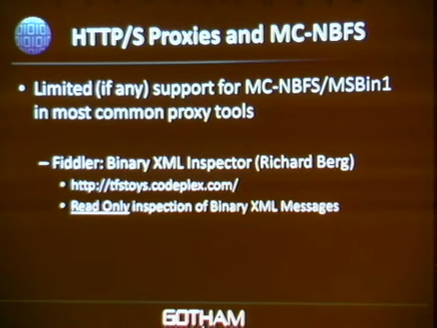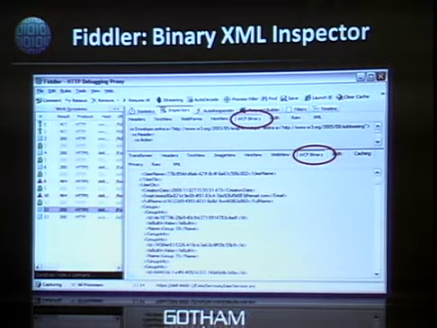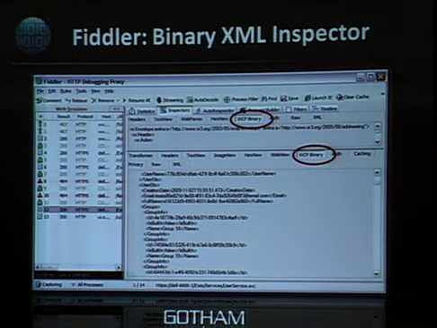So I looked at Fiddler, which is the one that had the closest thing to support, a local proxy tool that a lot of people are familiar with. A guy named Richard Berg actually wrote a binary XML inspector for Fiddler. This is what it looks like if you were to use it. I'll show you in a minute what the raw binary data looks like. He converts it to readable XML that you can then view in Fiddler.